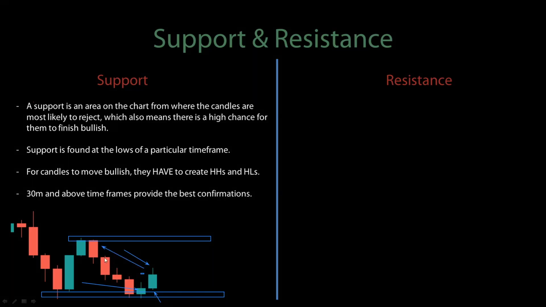So for price to continue on bullish, it has to make higher highs and higher lows. So if you see here, the candles will make higher highs and higher lows, and so on and so forth, right? So whenever price is at a support, you're looking at a higher time frame, like the 30-minute time frame, 1 hour time frame, and if you see that the candles are closing bullish on the 30-minute or the 1 hour, there's a very high chance price is going to continue moving up.